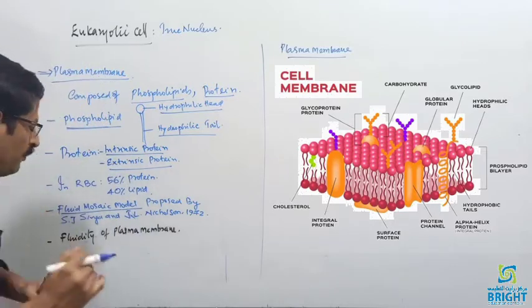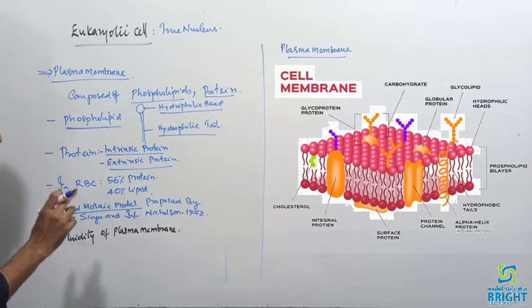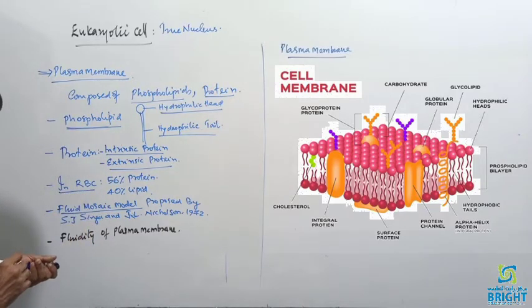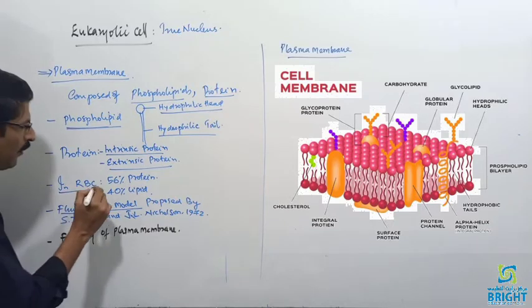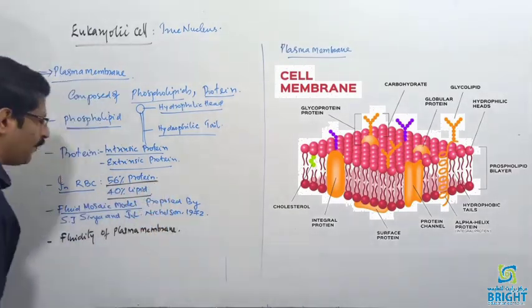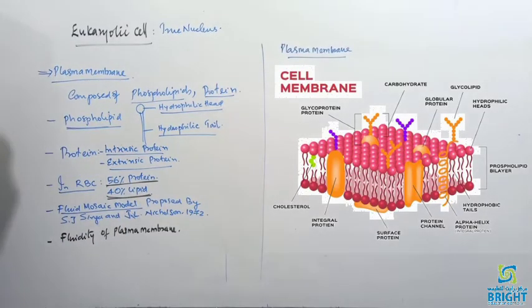Everything can be explained by the fluid mosaic model. According to chemical analysis, the plasma membrane of RBC is composed of 56% protein and 40% lipid.